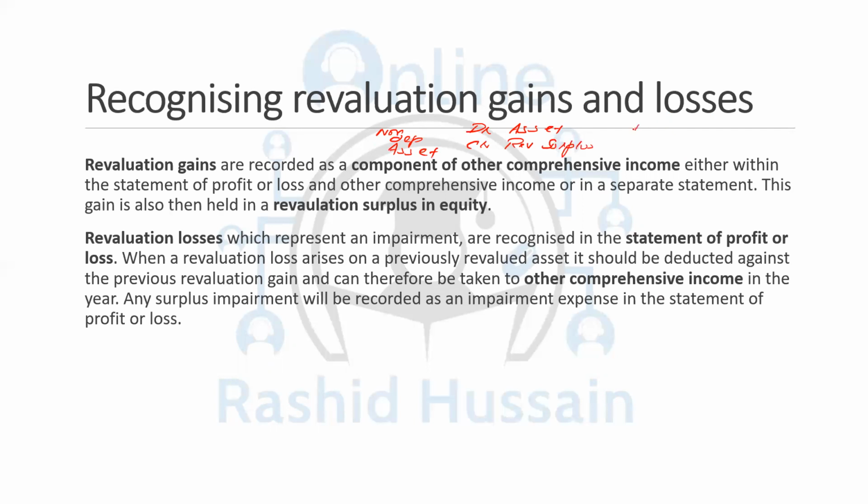And if it is a depreciating asset, then debit asset, debit its accumulated depreciation, and credit revaluation surplus. So we are going to debit the asset, we are going to derecognize this accumulated depreciation, and credit goes to the revaluation surplus.